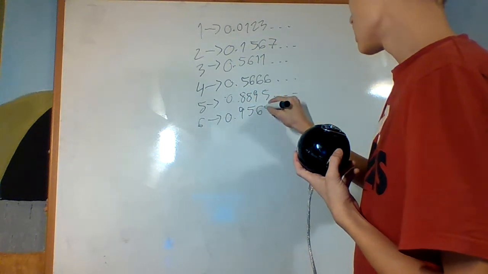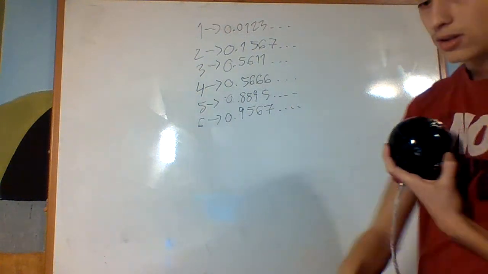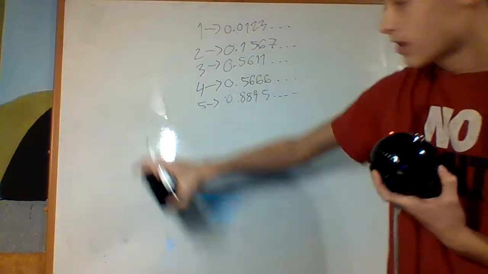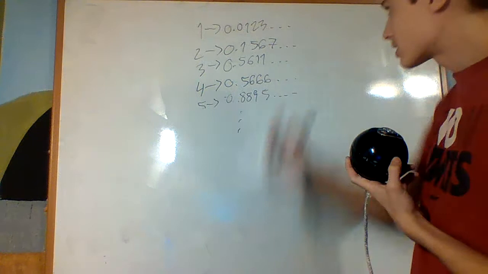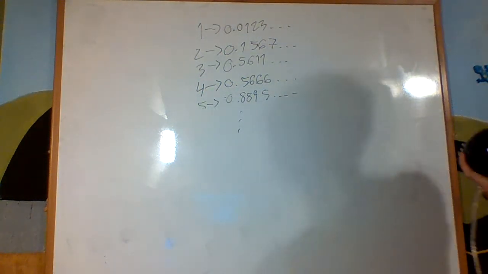Just choose a bunch of random decimals. And you can imagine this is going to be a bijection, right? I say that there's a real number that's not on this list.